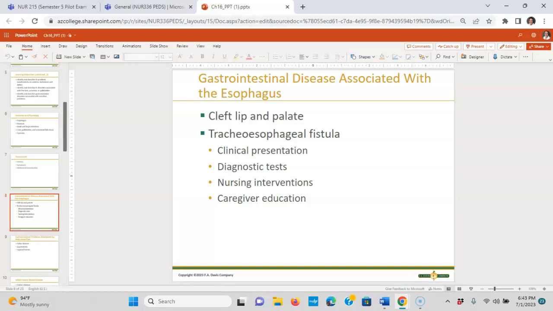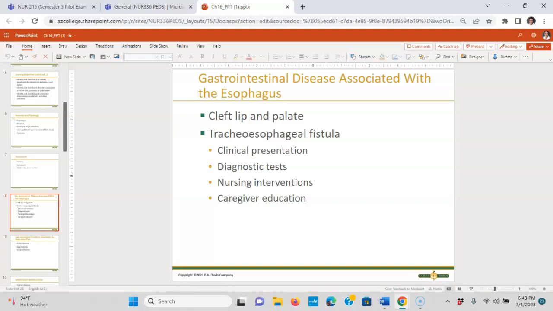So you can see those pictures on 362 in the book. So coiling of a feeding tube on x-ray, bowel gas pattern abnormal, ultrasound of the renal system, echocardiogram, and contrast evaluation of the fistula. So you can see the different types of esophageal atresia that's going on in here.